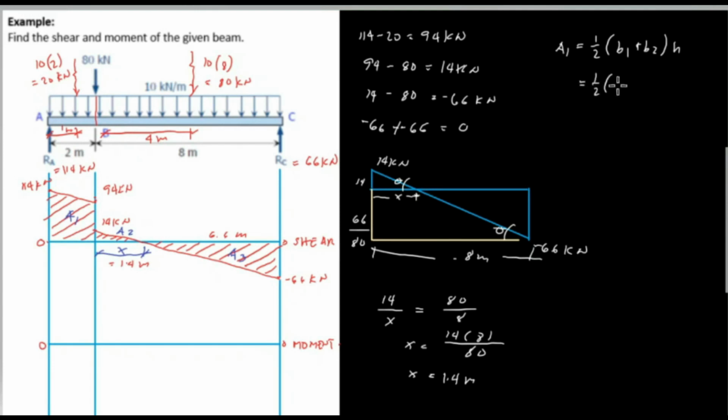So we have 1/2 of the two bases of the trapezoid of area 1, which is 114 plus the other side, which is 94, multiplied by the height or the distance, 2 meters. Then area 1 is solved: 114 plus 94 is equal to 208, divided by 2, times 2, or 208 kilonewton meter.